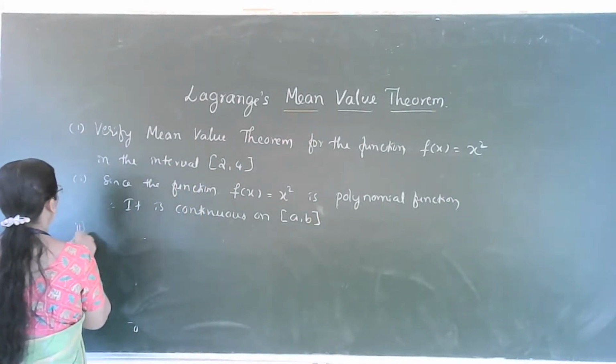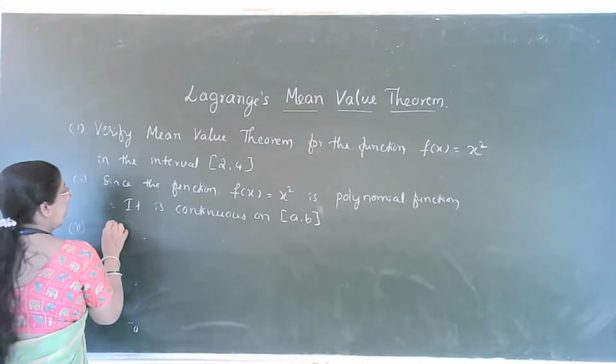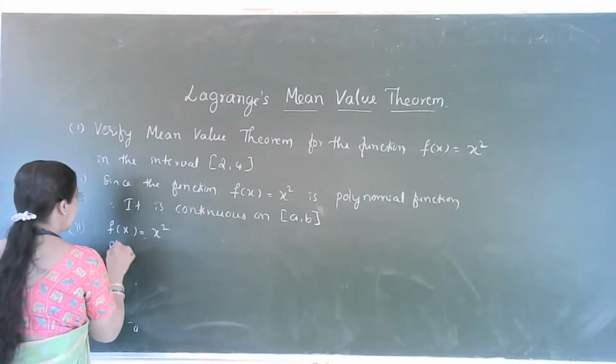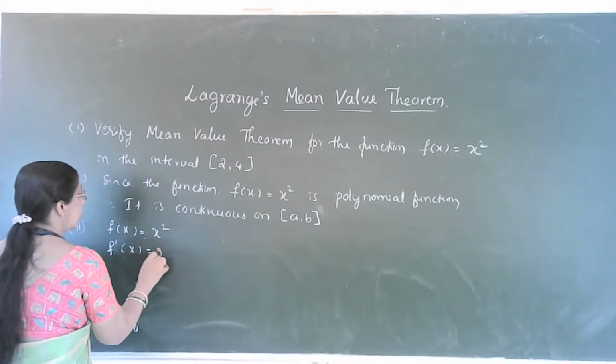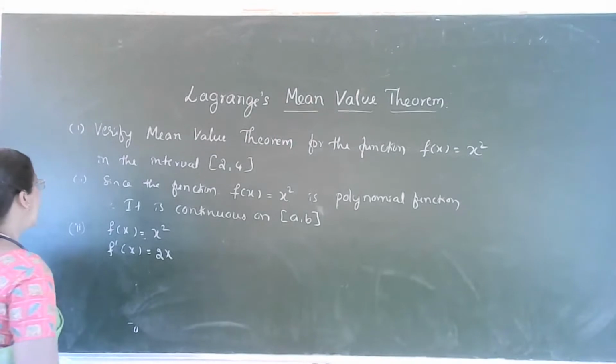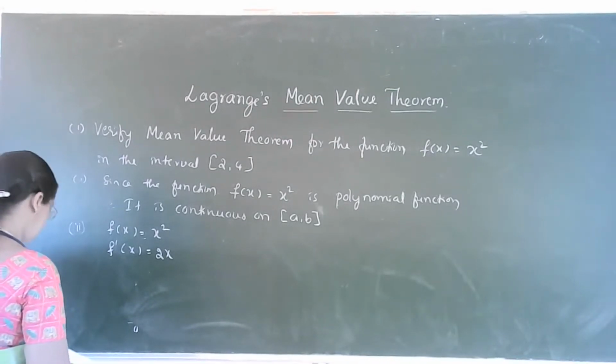Here also, f of x equal to x square, f dash x is equal to 2x. Therefore, the function is differentiable.